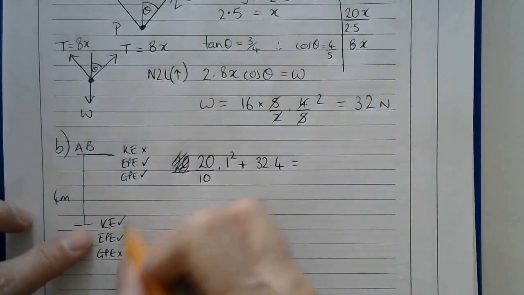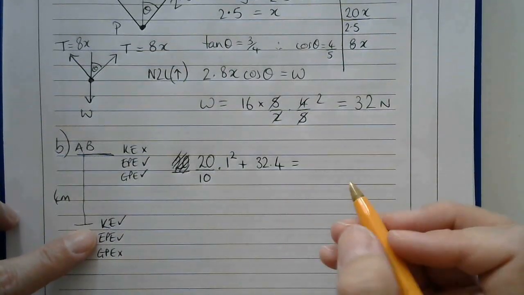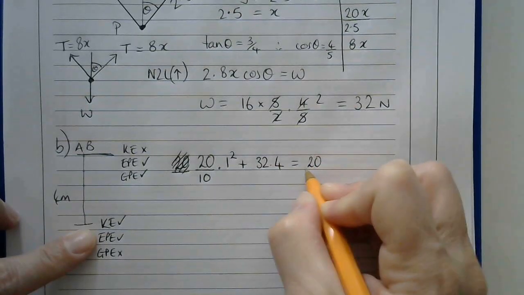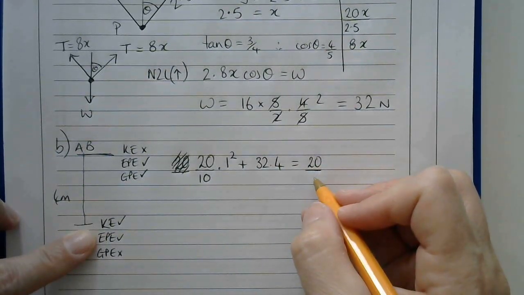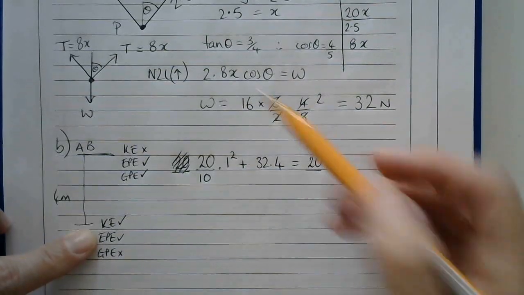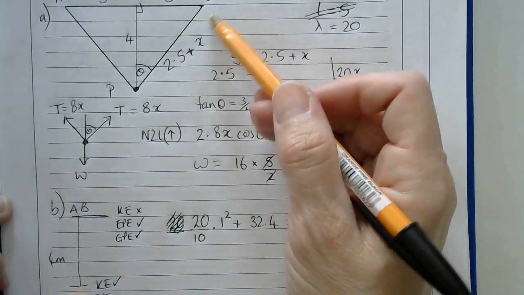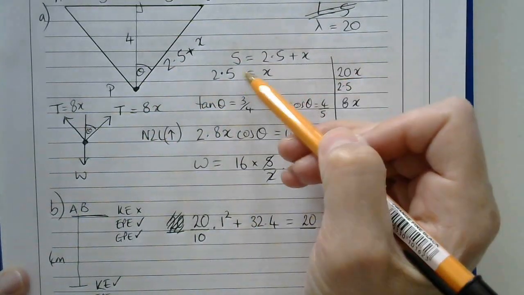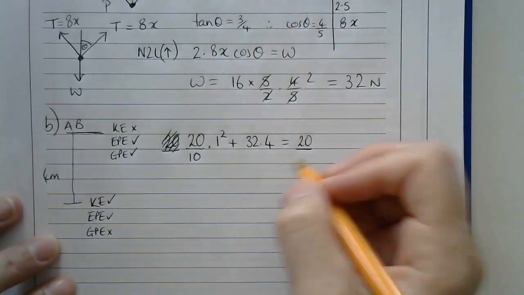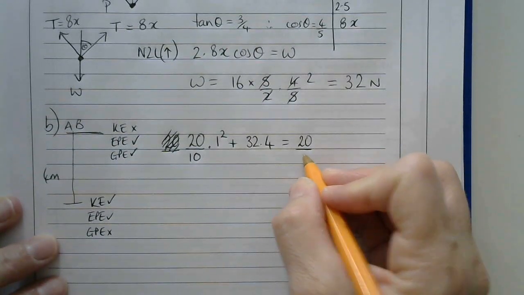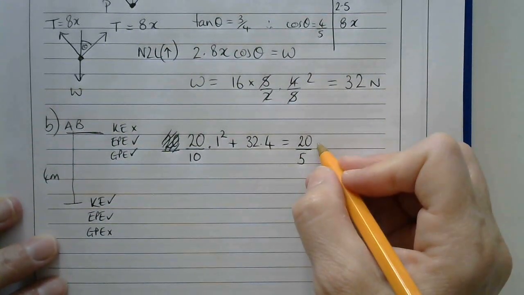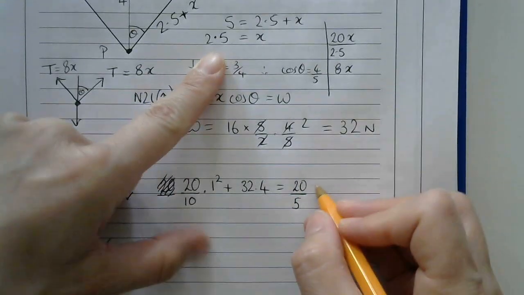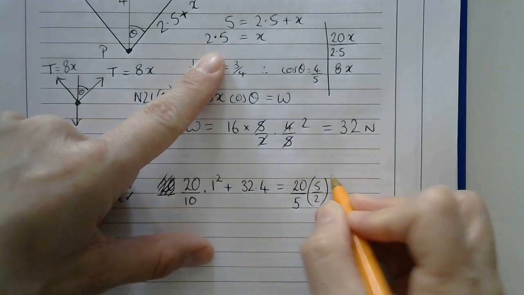The kinetic energy when it's at the bottom, well, this time I have lambda over 2L, so this time I'm considering it as 2 strings where each of them has a natural length of 2.5 and each of them has this extension of 2.5 as well. So 2 times 2.5 is 5, multiplied by the extension squared, which is 2.5, so that's 5 over 2 squared.